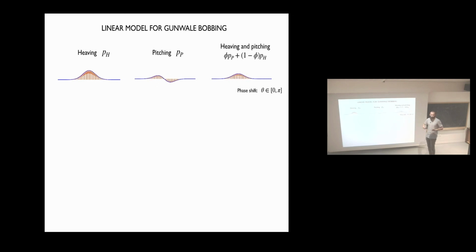Heaving being up and down, pitching being like seesaw. It's not clear exactly what ratio they should have, so you can include an amplitude ratio of pitching to heaving, and you can also include a phase shift, right? So you can have heaving and pitching at different phases. And the idea is, can you demonstrate theoretically that you can push yourself forward with that kind of pressure forcing?